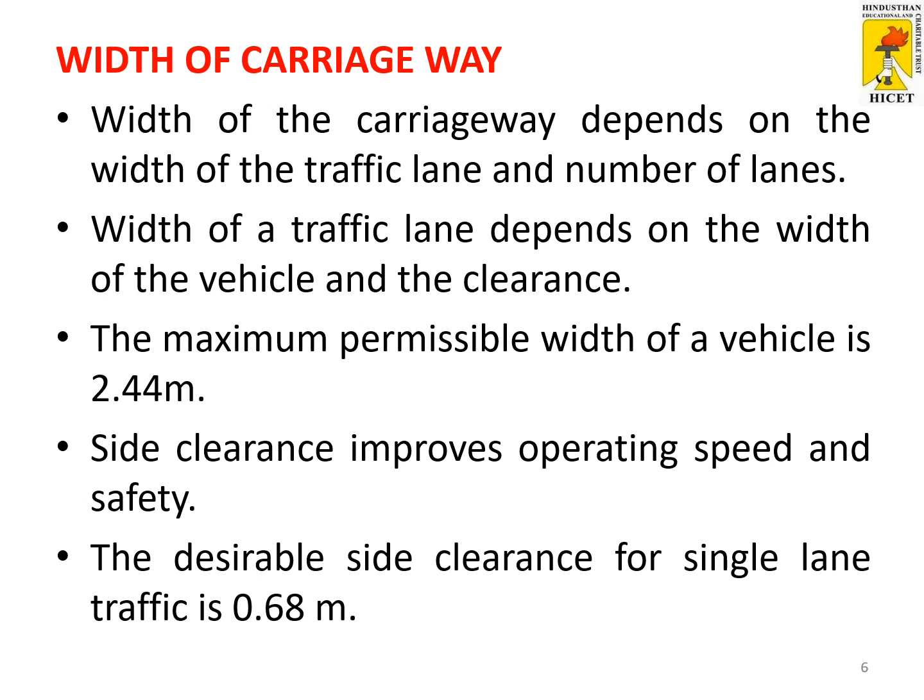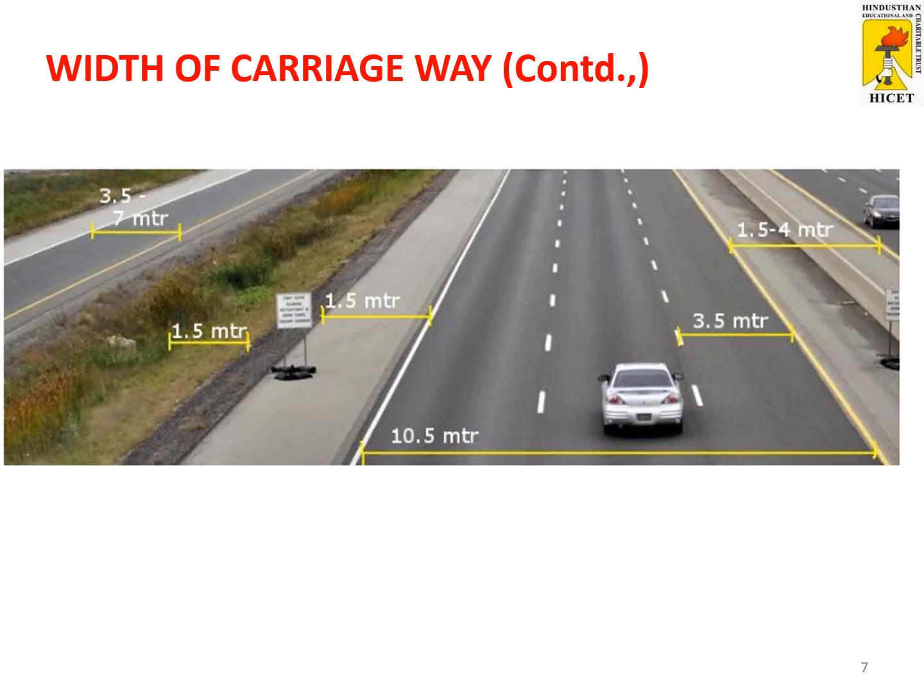The width of a traffic lane depends on the width of the vehicle. So we have to provide the lane width depending on the width of the vehicle and the clearance. As per codal provisions, the maximum permissible width of a vehicle is 2.44 meters. The side clearance is 0.68 meter. This slide clearly shows the width of lane.